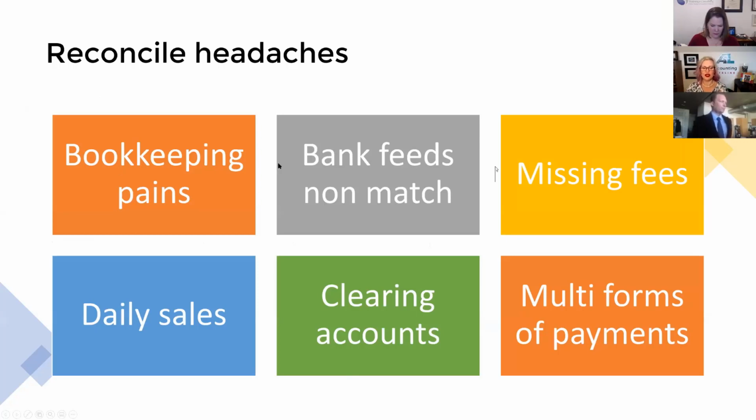And so what we often see, especially with e-commerce clients, and it's not just e-commerce clients, but really anytime that you've got a client who has bank feeds and any other way to import sales transactions, they do the double importing. And so if you've got a clearing account and it doesn't match your bank feeds, what can happen is they've duplicated their sales. And they don't, of course, do it on purpose, but it happens.